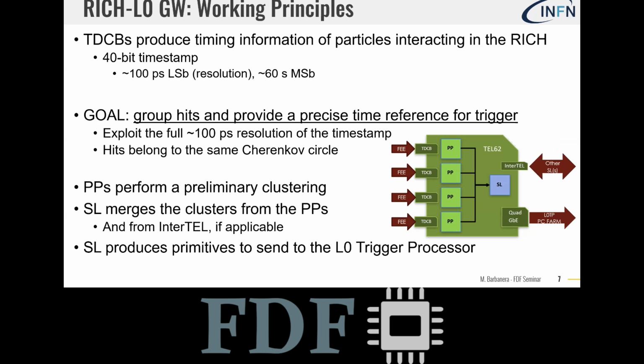The TDCBs in the RICH case produce a 40-bit timestamp with the proper resolution, and the goal of the gateway is just to cluster these hits and send them to the trigger processor. This is done in multiple steps, starting from the PPs where the preliminary clustering is performed, and then the SL merges these clusters, performs a new clustering, and sends the data to the level 0 trigger processor.